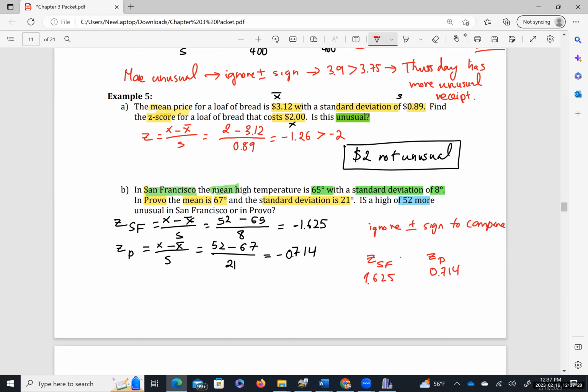So which one is greater? 1.625 is greater. So you are going to say that San Francisco has the 52-degree more unusual. Okay, more unusual.